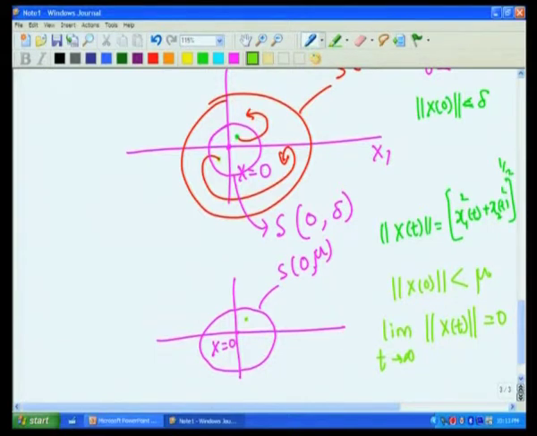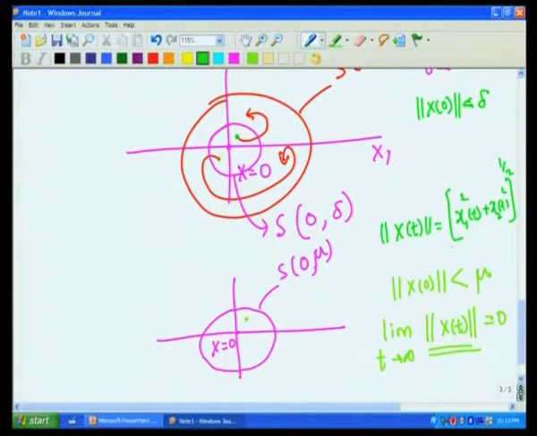If we can satisfy that condition, then we say that our state is asymptotically attractive. Now, what is the meaning of norm of x of t going to 0?